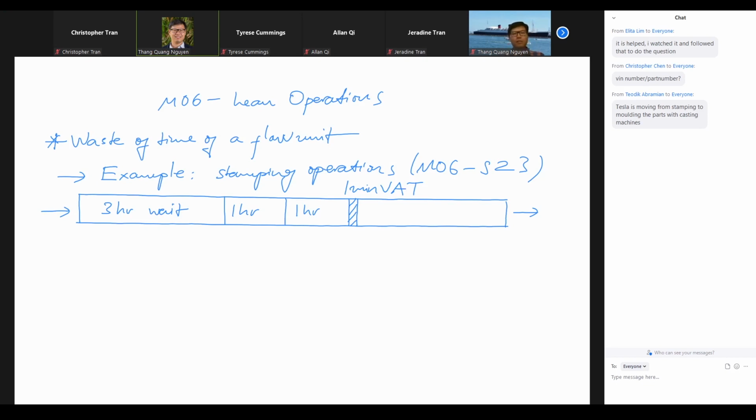The flat piece of metal will become a door, for example, and then when we buy the car, we see that, oh, that's a door right there, because we have that 1 minute of value-added time, right? And even if the door is done, you still have to wait for another 3 hours to be shipped out to the factory.